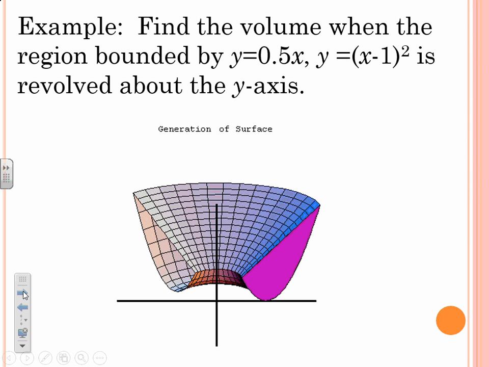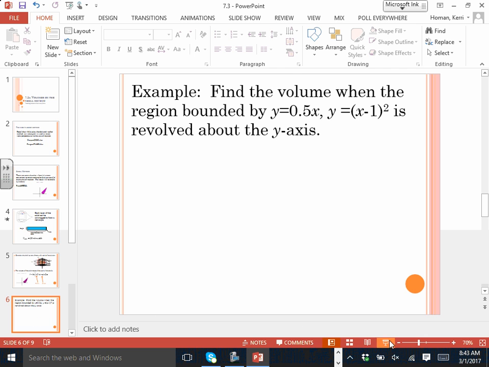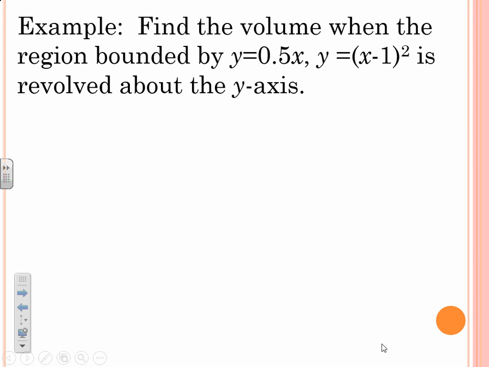I'm going to delete this graphic so we have room to work. Okay, y equals (x minus 1) squared. You've already seen the graph, but you should recognize that that is just a shifted parabola.